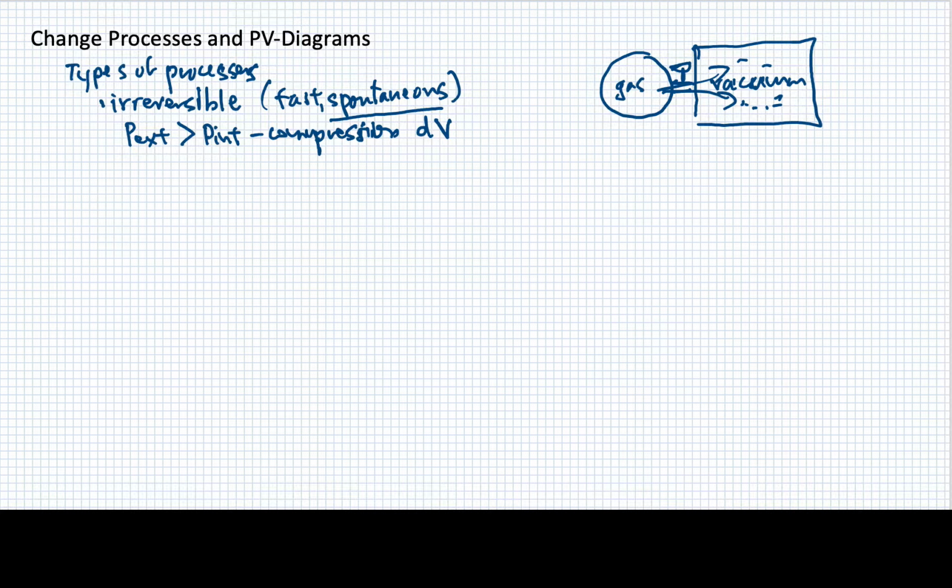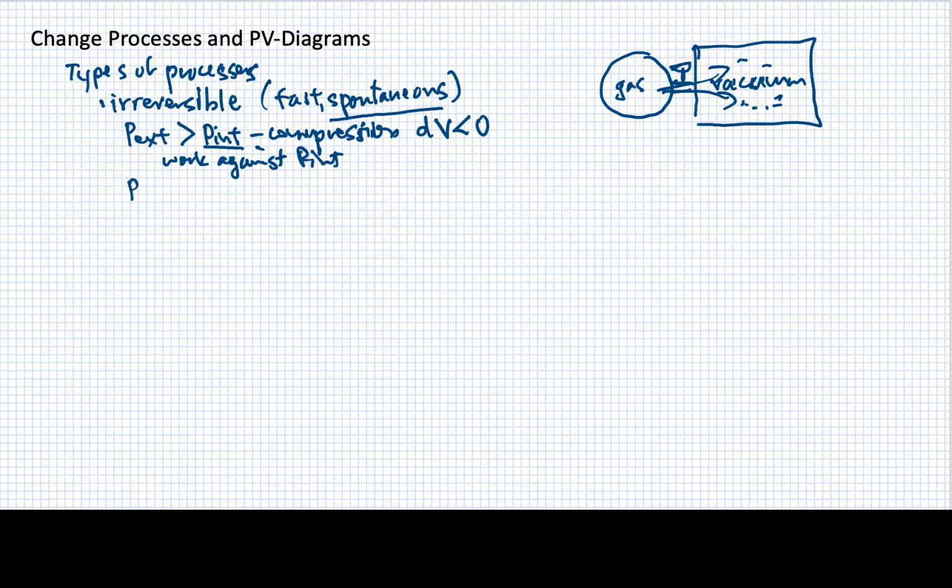The change in volume is going to be less than zero. This is a case where work will be performed against the internal pressure. Okay, this is the pressure of reference that we need to care about.